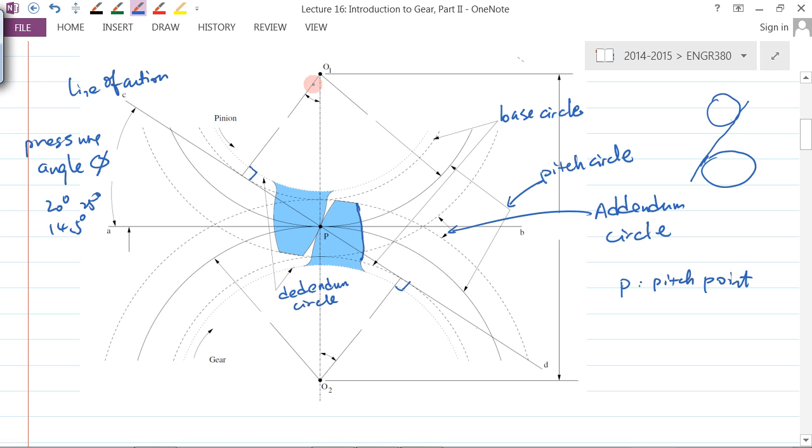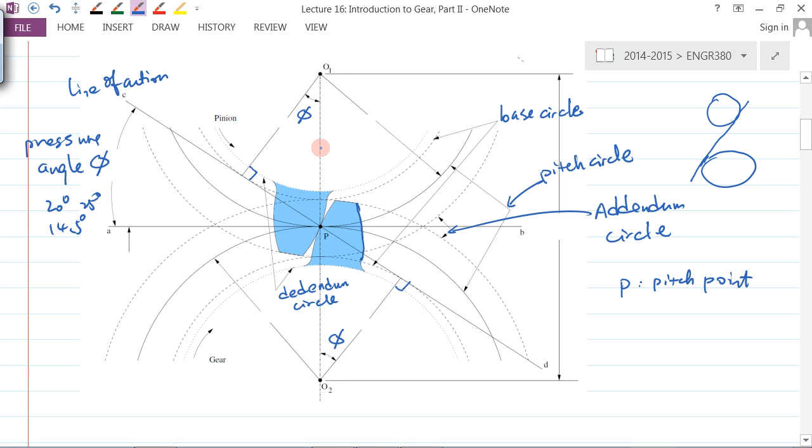In this right triangle, if you use your geometry, this angle here will be the same as the pressure angle phi. Same thing here, the pressure angle phi. Then O1 up to point P represents the radius of which circle? The pitch circle.